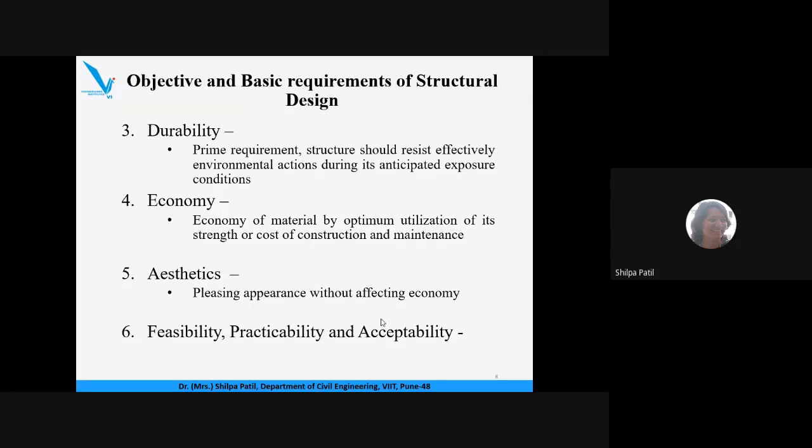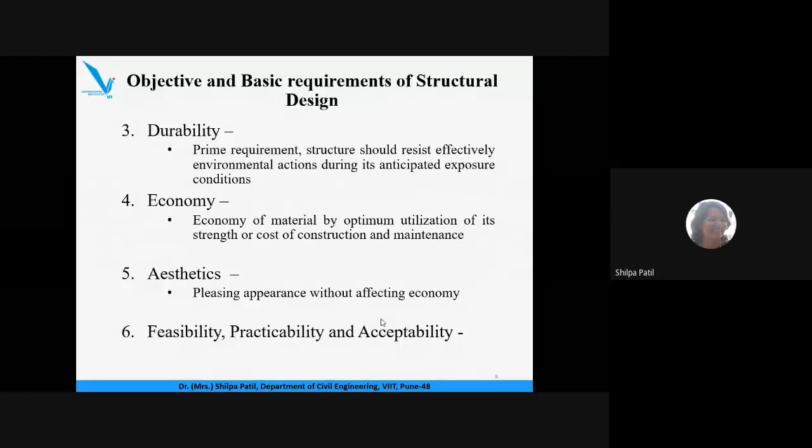Initially a particular location shows very high temperature, but over a period of time the temperature may lower down. Changes in nature are not in the control of human beings. But what is in our control? We can design the structure so that the changes in nature can be resisted effectively by our designed structure. So this is the durability criterion.